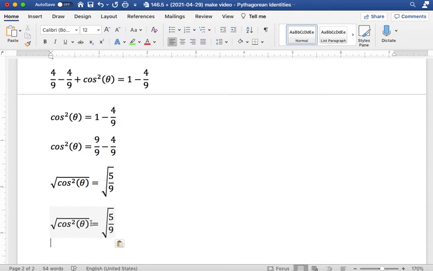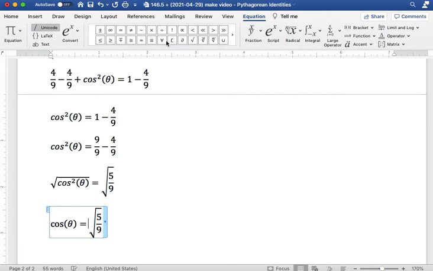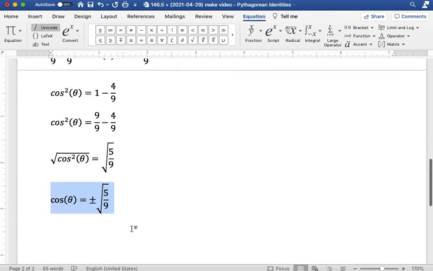On the left-hand side, the squared and the square root cancel, and then you're just left with cosine of theta. On the right-hand side, this will be 2 different answers. You'll have the square root of 5/9 or negative square root of 5/9. So this is, in fact, 2 different answers.